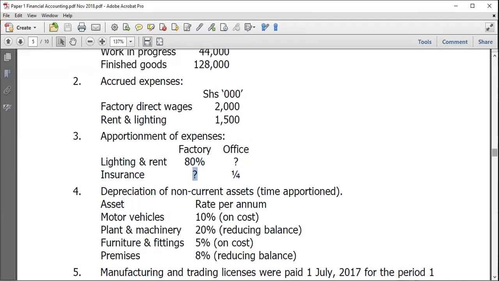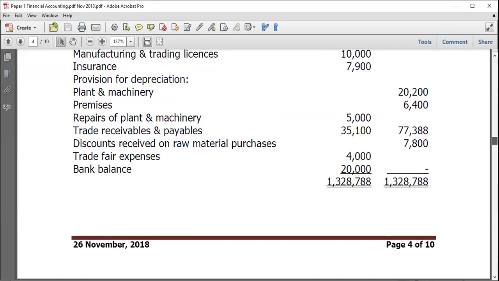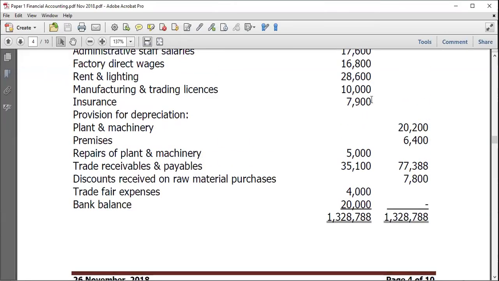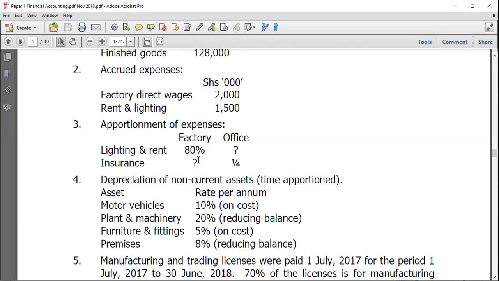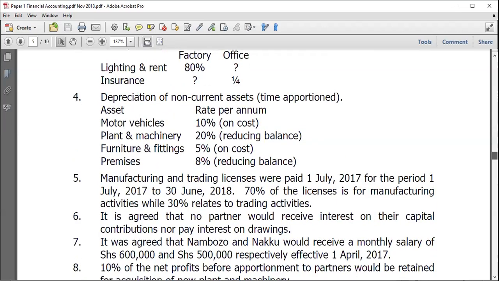So the insurance figure that I have here, as you can see, the 7,900 for insurance, they are telling me that 3 out of 4 relates to the factory. There is no additional information on that. I think even when I get down, I don't see anything.